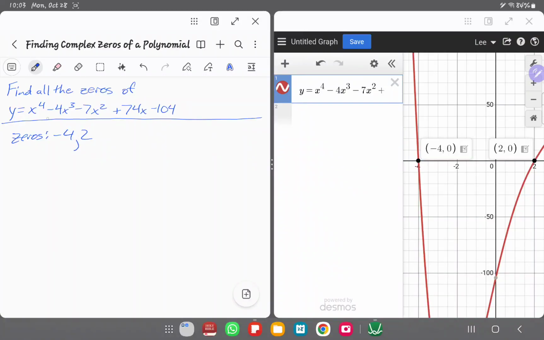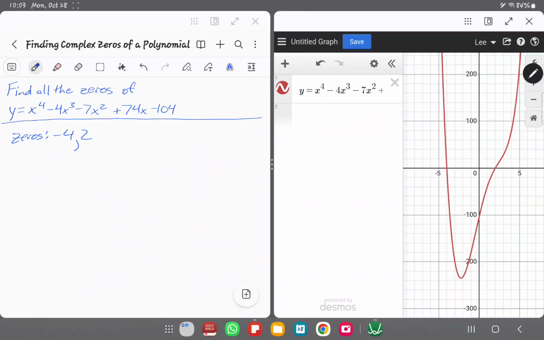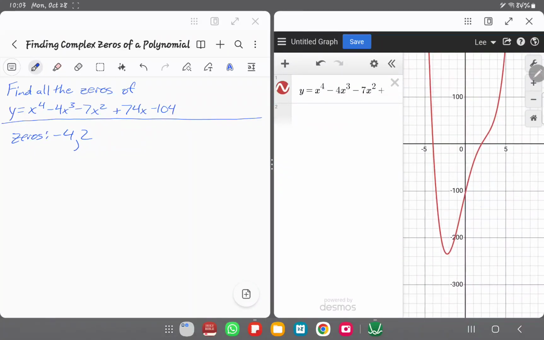And there should be a total of 4, right? So we looked in the last video at the theorem that said if you count all the zeros, including complex zeros, then it should equal the degree, right? So since this is degree 4, we should have 4 zeros total. And if you zoom out on the graph a bit, you can see there's really only going to be 2.